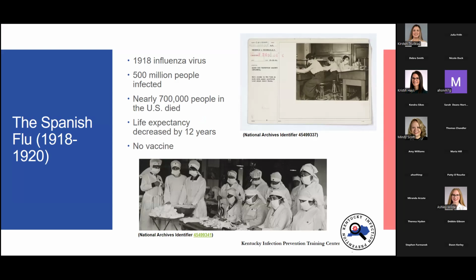I know a lot of you are probably having flashbacks to COVID. You have secretaries just working in an office and they're all wearing masks. You have the ladies at the Red Cross making masks for the public. So it's interesting to see something that happened 100 years ago. Some of the same things were done during the COVID pandemic in an effort to prevent the spread.